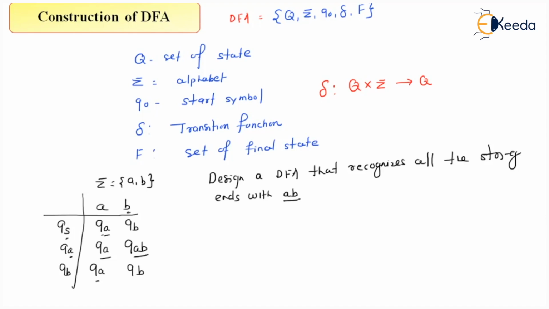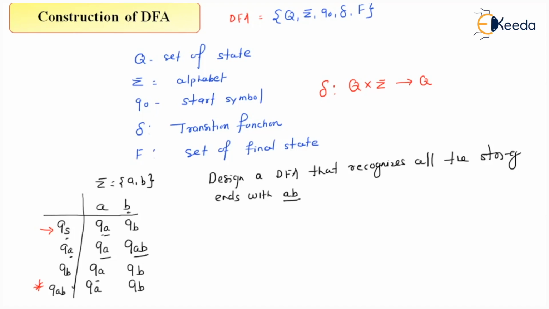Now come to QAB, and in QAB, if A comes again, then the last scanned alphabet will be only A. And in QAB, if B comes again, double B, so it will go to the state QB. This is the convention that we put a starting arrow over here and a star over here.